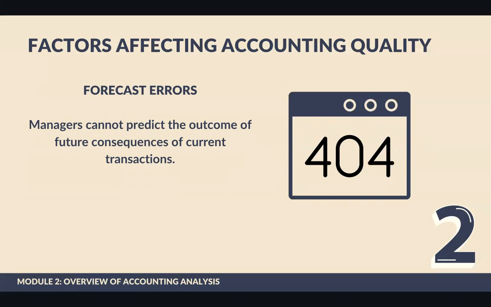If we're right, then great, we have made the right decision. But if we are wrong, then it could result in a catastrophe. The extent of errors in the managers' accounting forecasts depends on a variety of factors that include the complexity of business transactions, the predictability of the firm's environment, and unforeseen economy-wide changes.